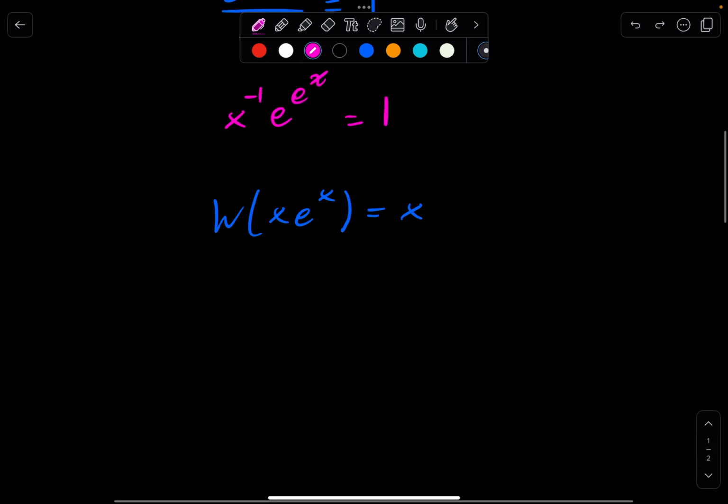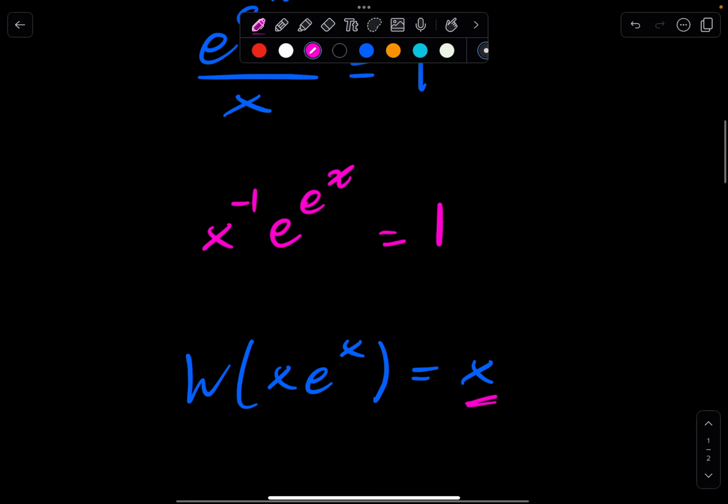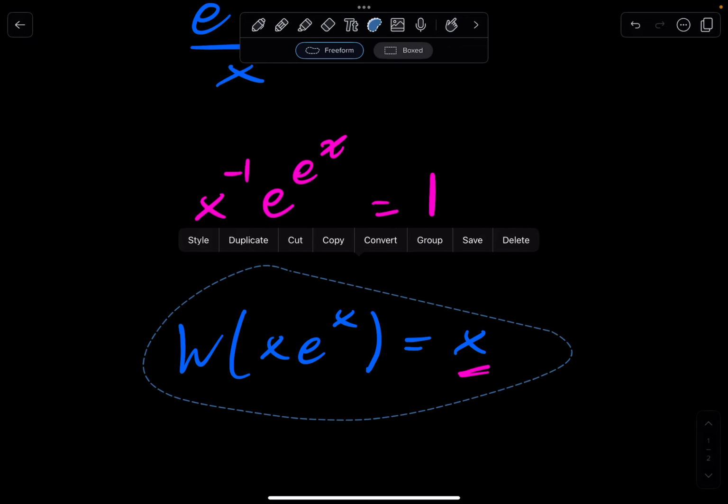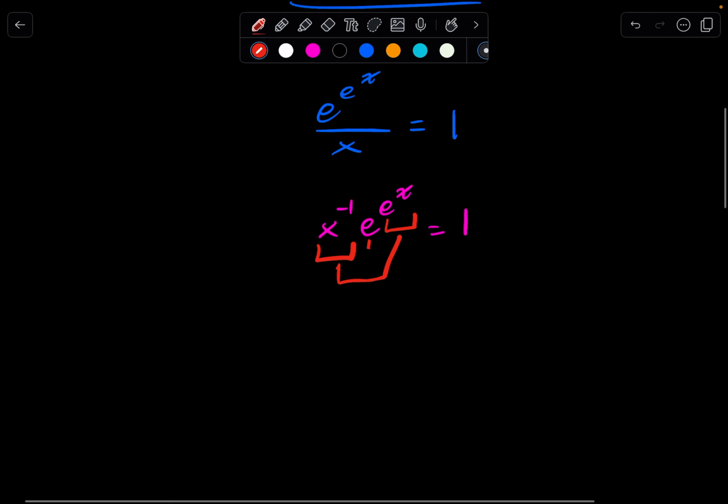So once again, if you have something times e to the something, the Lambert W returns that something. But right here, we have something, then we have our e, but these two need to match. So is there any way that we can make them match? Not quite, not in a clean way, really. I can't really even see one, to be honest.